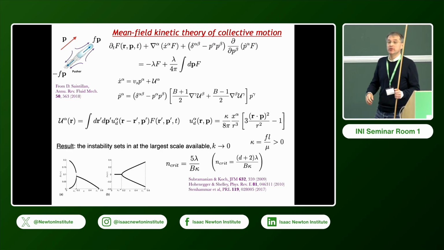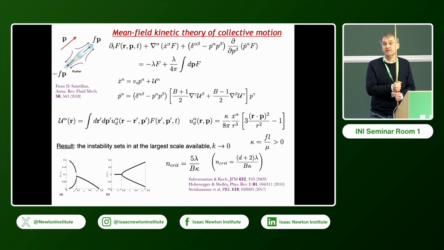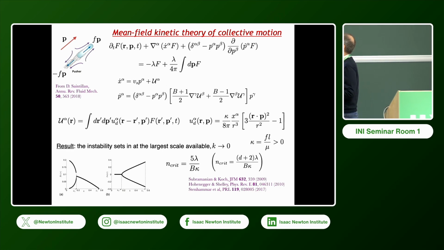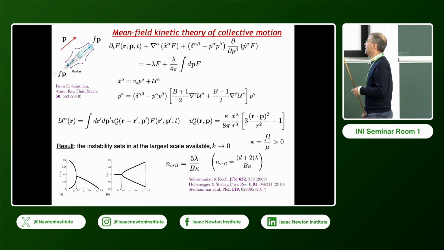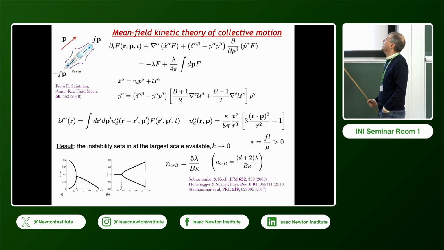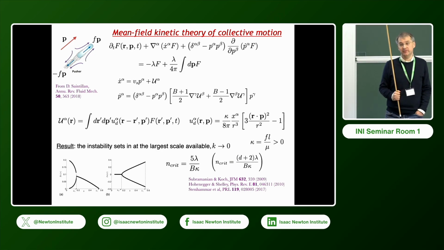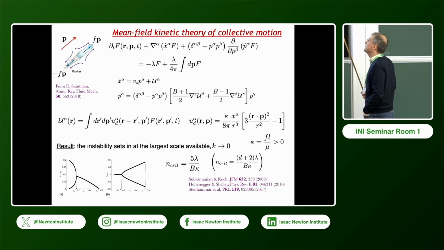So the base state of such suspensions at very, very low dilutions is simple. It's homogeneous and isotropic. And when you do linear stability of this state, it becomes unstable. It's very interesting that the positional or translational degrees of freedom do not participate in a linear stability problem.